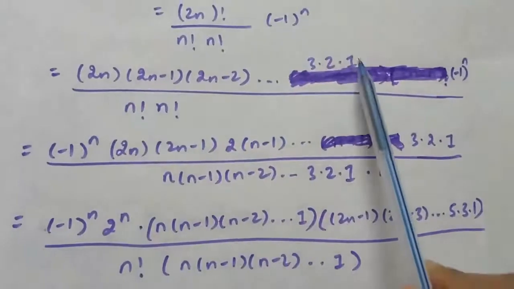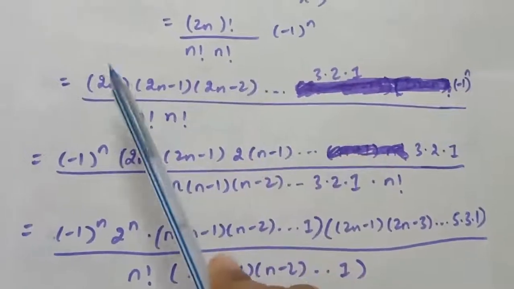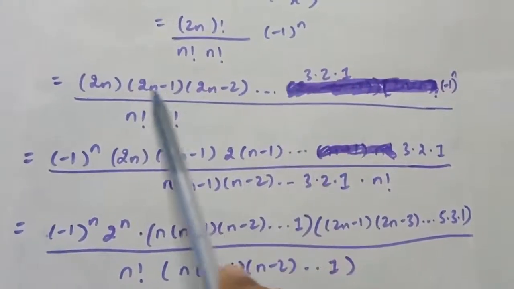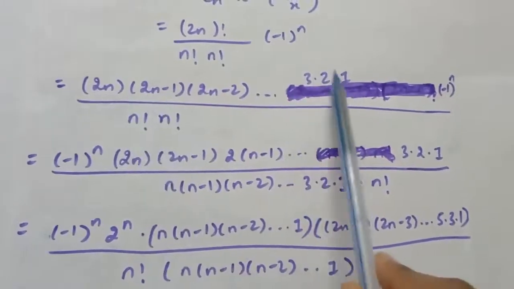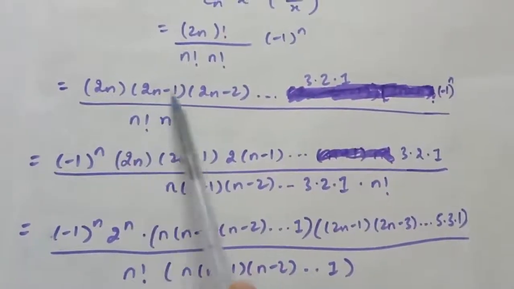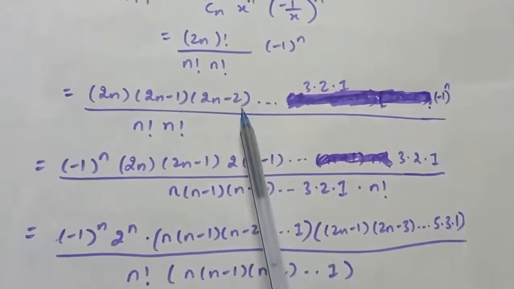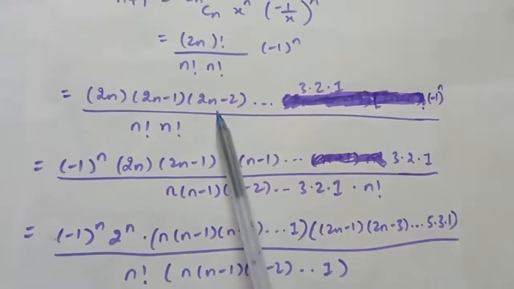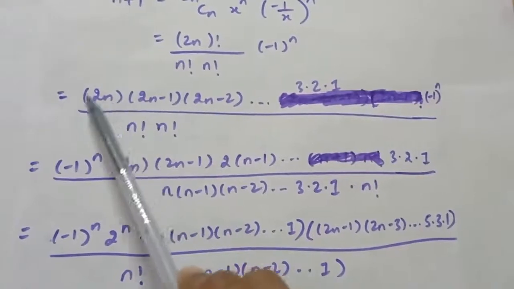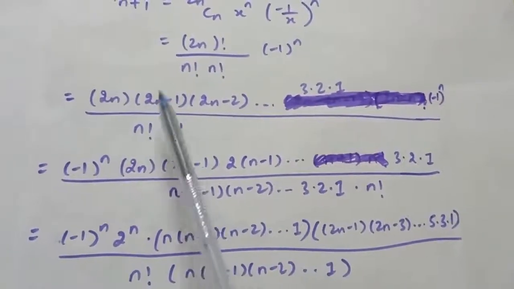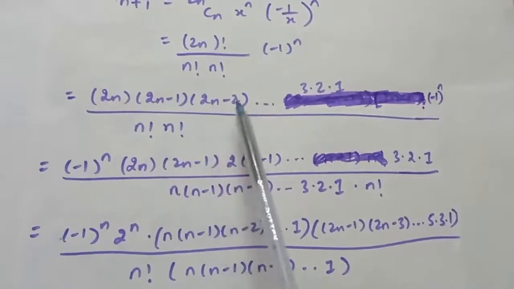Now see, this is 1, 2, 3 and so on up to 2n. So these are 2n numbers, right? 1, 2, 3 up to 2n. These are 2n numbers in which n numbers are even and n numbers are odd.